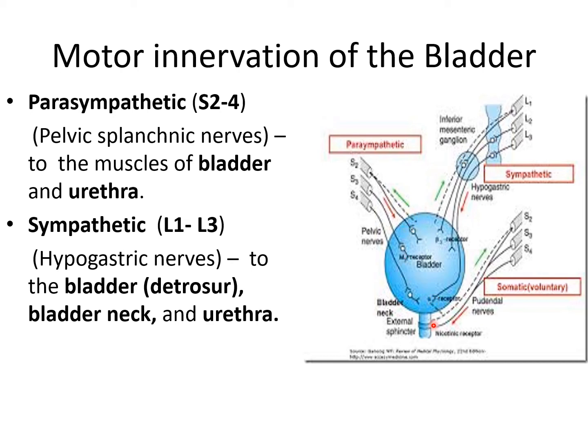We already know that the functions of parasympathetic and sympathetic are opposite. Here the parasympathetic supply of the bladder is excitatory, which causes contraction of the bladder, whereas the sympathetic supply of the bladder wall or detrusor is inhibitory, which causes relaxation of the detrusor muscle. The opposite happens in the case of the urethra.